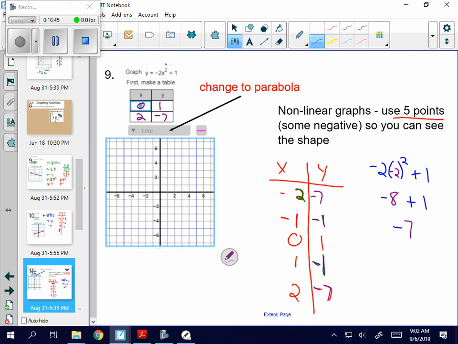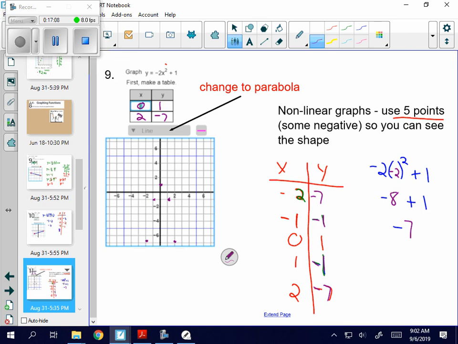When x is 0, y is 1. When x is 1, y is negative 1. When x is 2, y is negative 7. And going backwards, when x is negative 1, y is negative 1. When x is negative 2, y is negative 7.